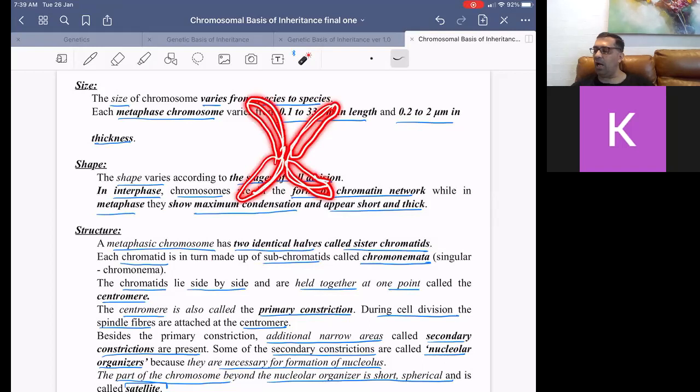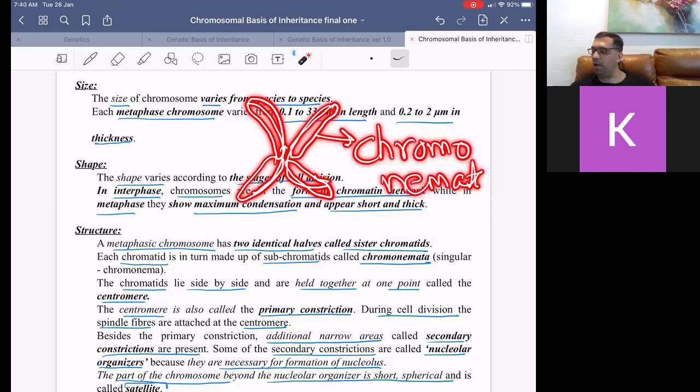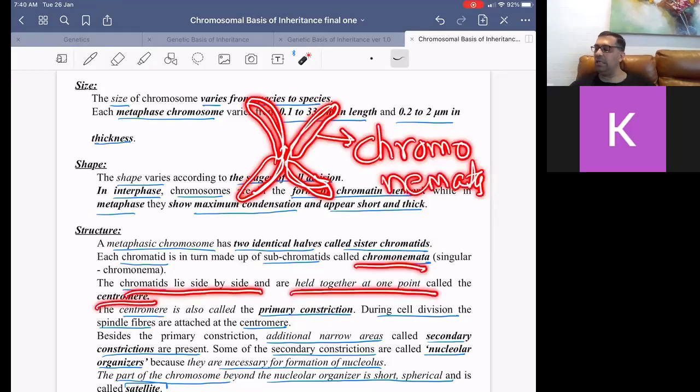So these halves are called chromonemata. Each chromatid lies side by side and is held together at one point called the centromere, which is in the middle.